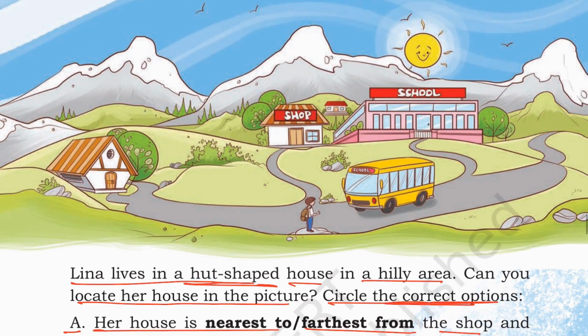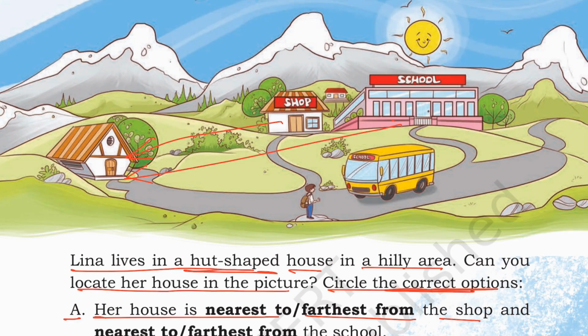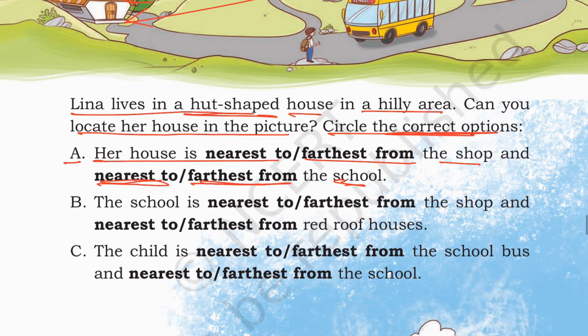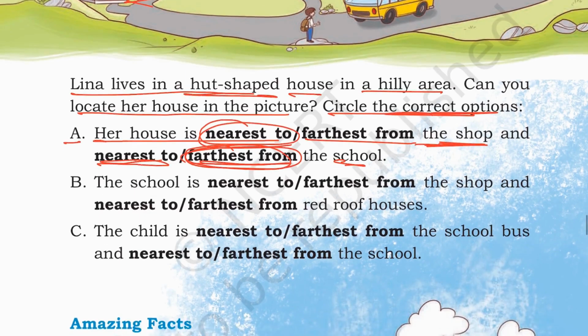If you compare, it is nearer than the shop but farthest from the school. Then you have to circle nearest to the shop, and circle the farthest from the school.